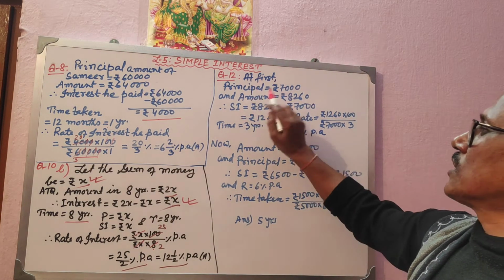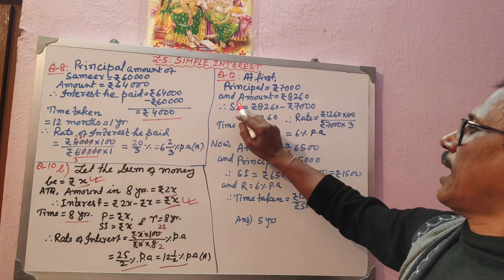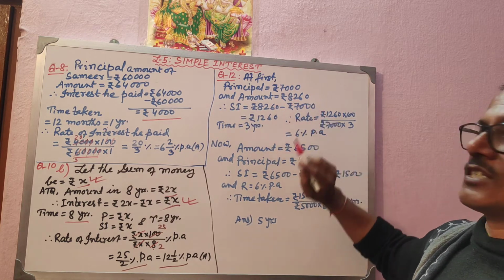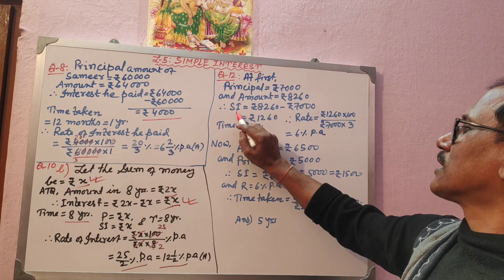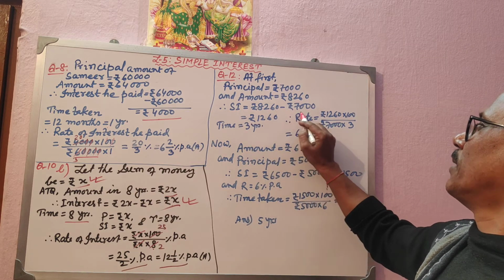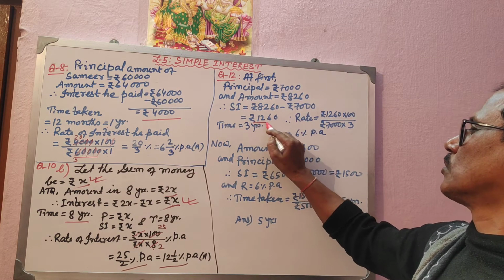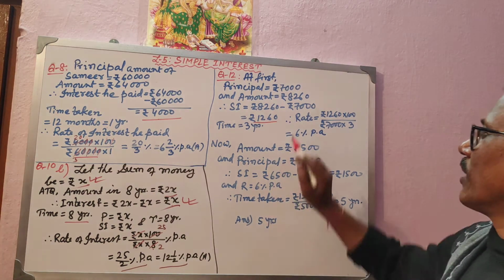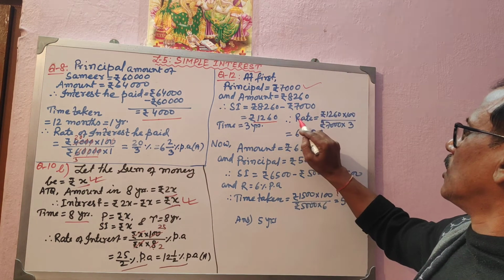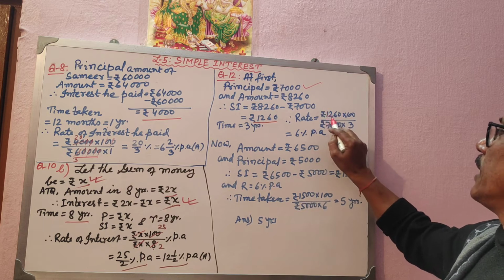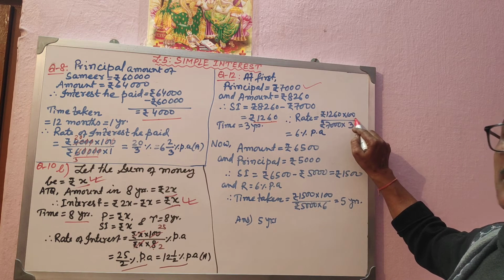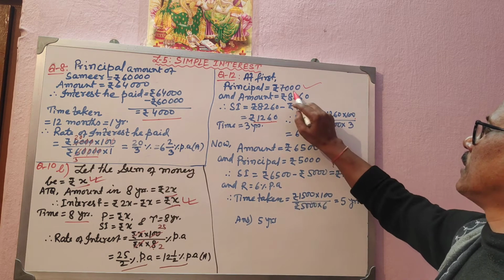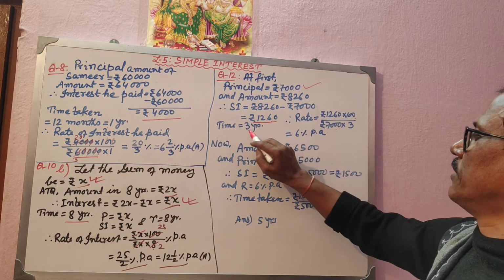See, at first the principal is 7,000 and the amount became 8,260. Therefore, definitely SI will be 8,260 minus 7,000, which is equal to 1,260. Got it? Now you have SI and principal, so rate will be SI into 100 by P into T, with time 3 years.